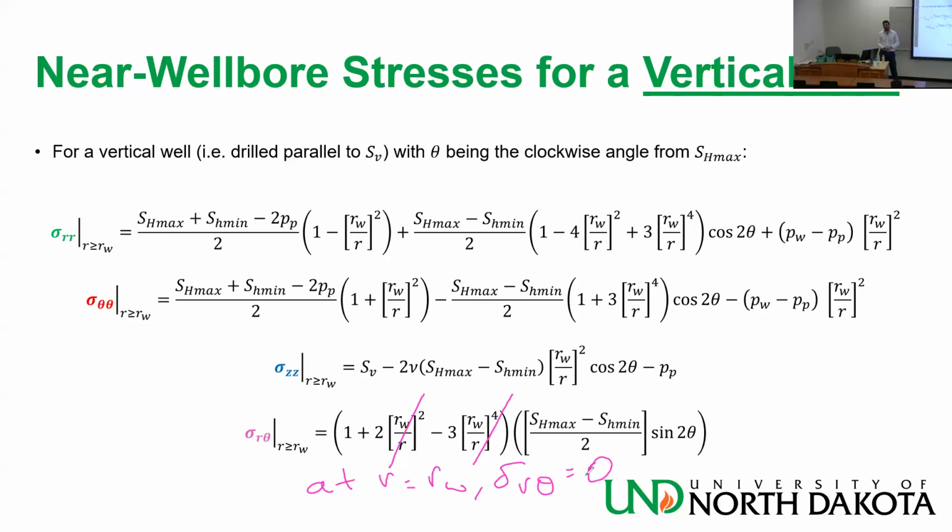So you can see it now. Also for theta equals 0, it means r theta at SH max is 0 too. For orientation, it would be PW minus PP times this. For the shear, yes.